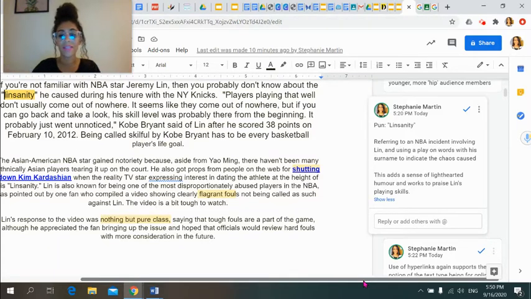So it adds a sense of lighthearted humour and works to praise Lin's playing skills. It also gives us an almost lighthearted but sarcastic tone of voice here as well. There's emphasis on the pun of Linsanity.